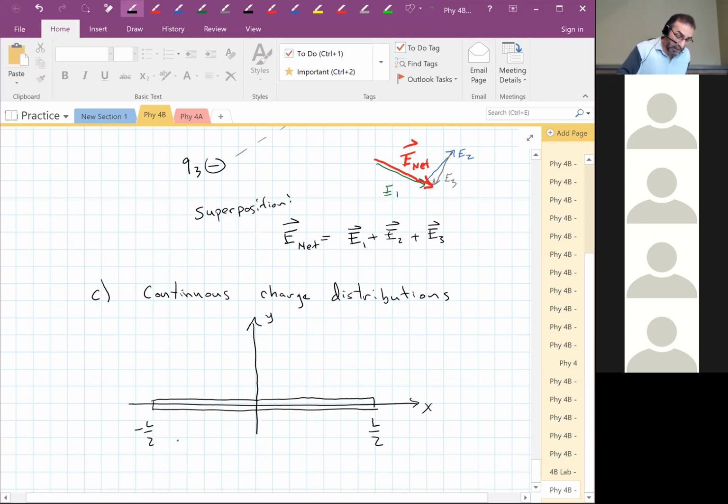And let's give it positive charge, uniformly distributed along the length of that rod.